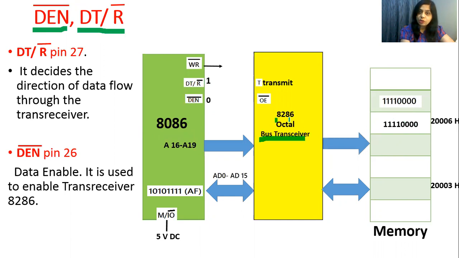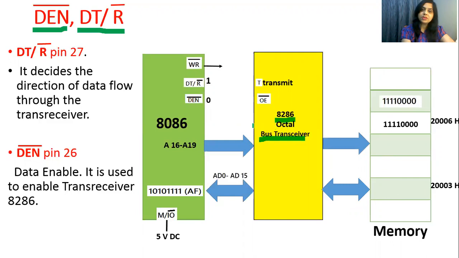That is the 8286 octal bus transceiver IC between the memory and 8086, or between the input output device and 8086. This bus transceiver IC is just a buffer IC which does not change the data. Whatever you apply at the input, the same you will find at the output. It just increases the current carrying capacity of the wire.